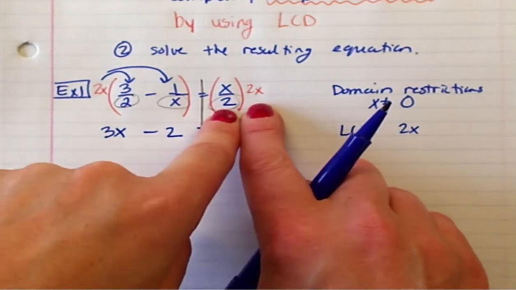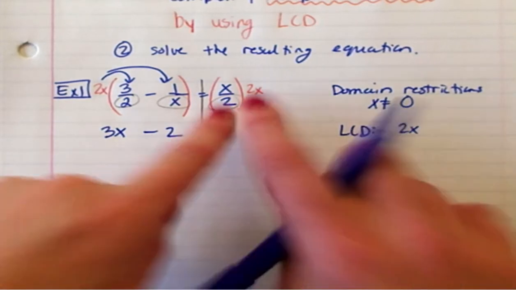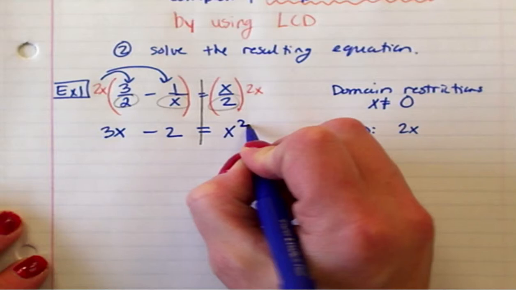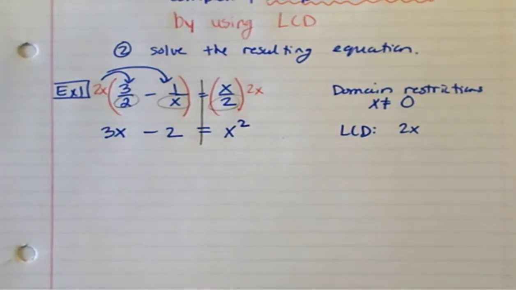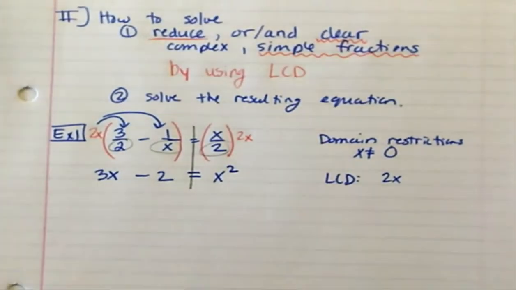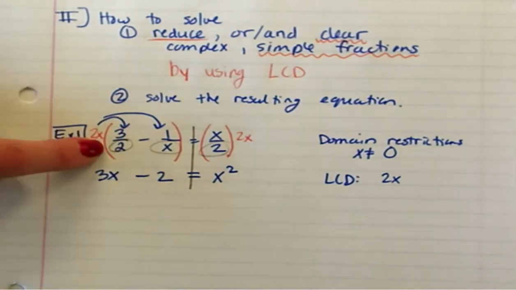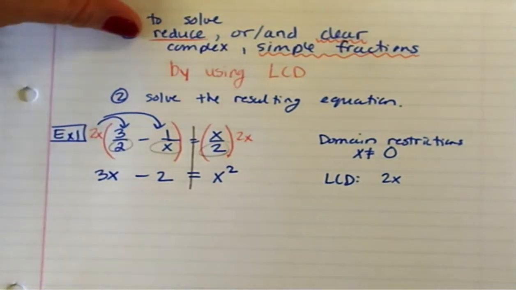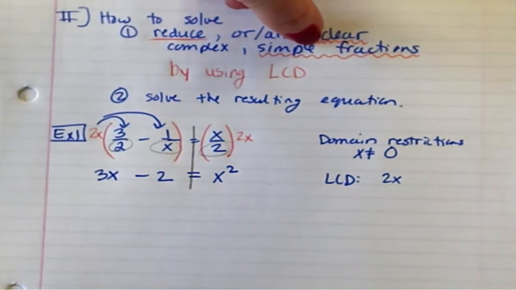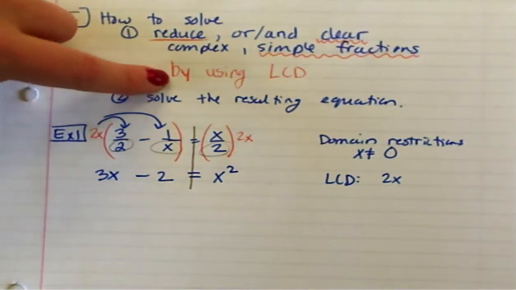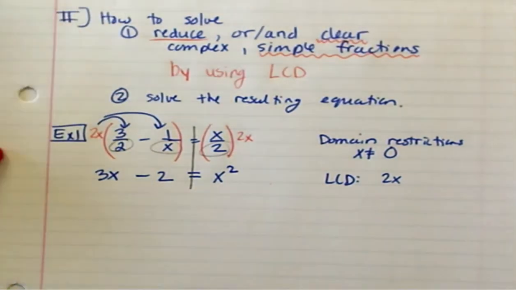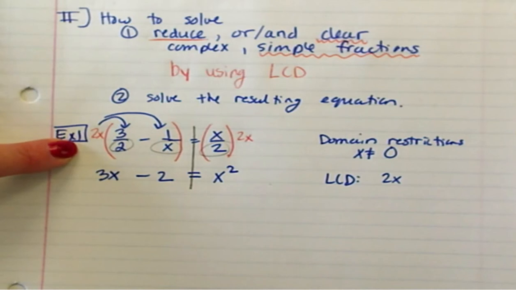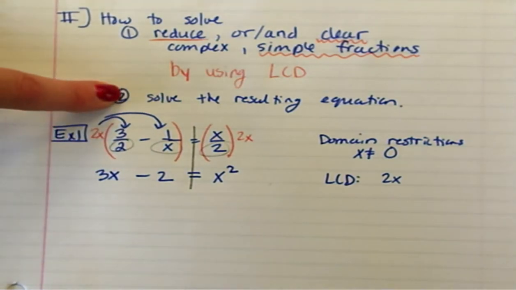The 2 reduces and you're left with x squared. So if I look back at my steps, there was no reducing in these fractions. So I cleared the simple fraction by multiplying by the least common denominator.